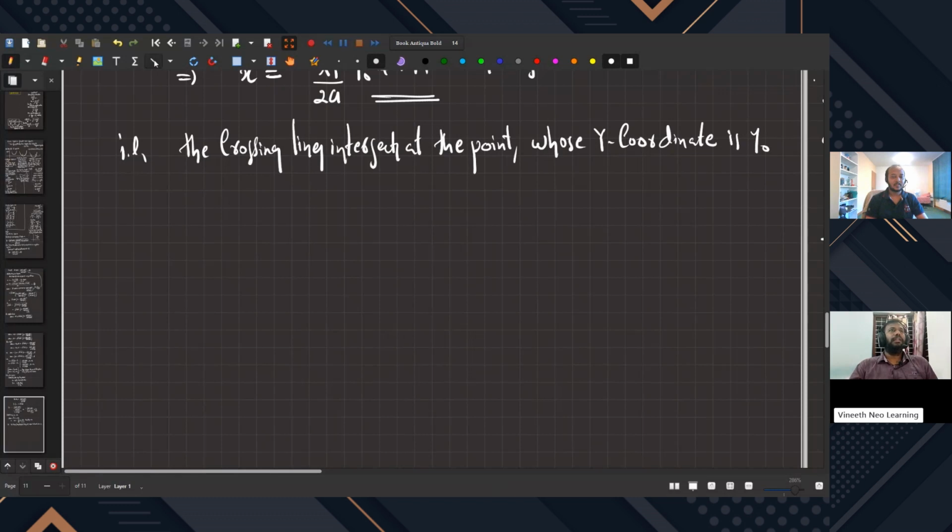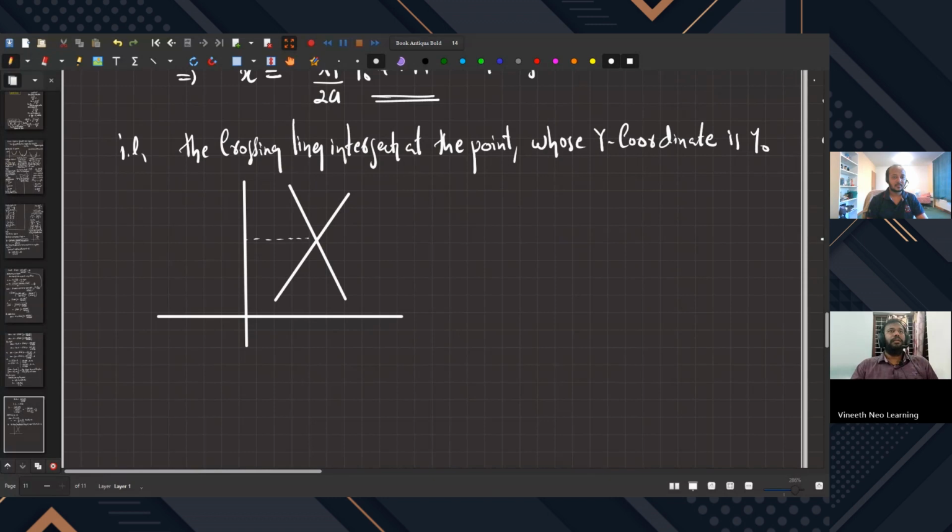The crossing lines will look like this. This point will be y naught, and this will be x naught. Joe, tell me your reasoning.